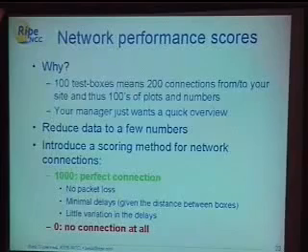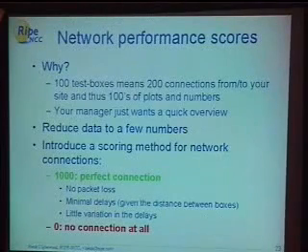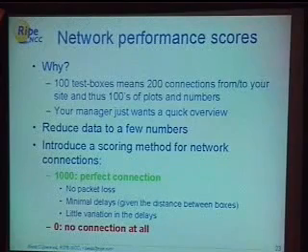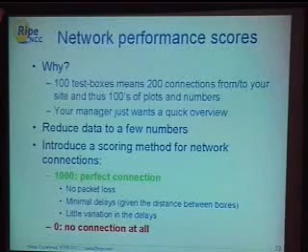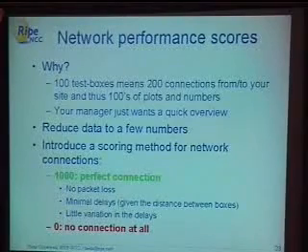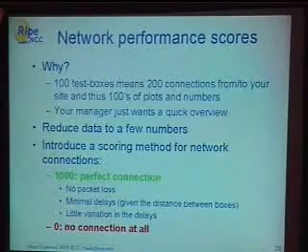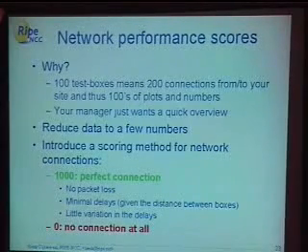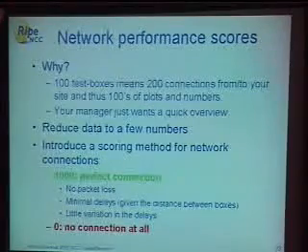So we're working on a scoring method for network connections, where we've artificially set, okay, if you have a perfect connection, we'll give you a score of 1,000, and perfect means no packet loss, minimal delay, that is, given the distance between the boxes. Obviously you cannot go any faster than the speed of light, and a little variation in the delays.